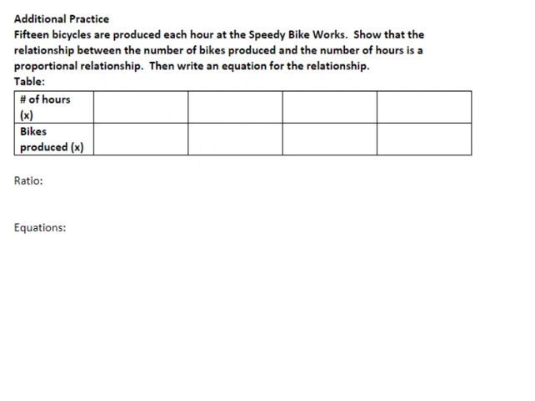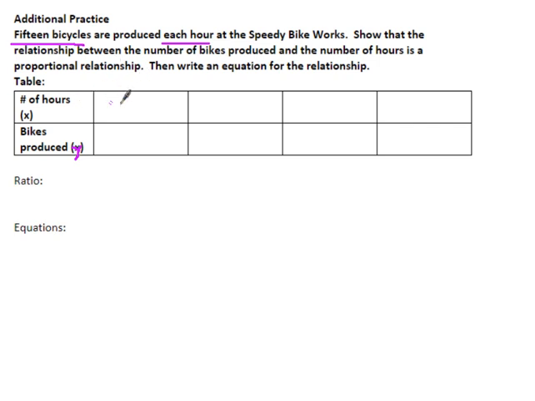Okay, so this one, 15 bicycles are produced each hour. So x represents the number of hours, y will represent the amount of bikes produced. We want to show that the relationship between the number of bikes produced and the number of hours is proportional, then we want to write the equation.